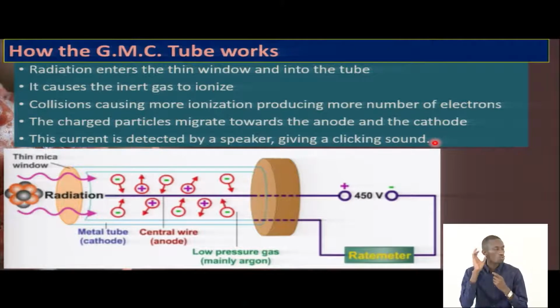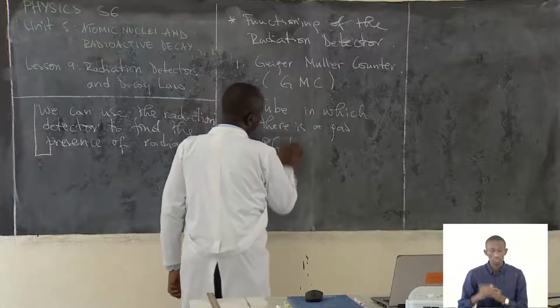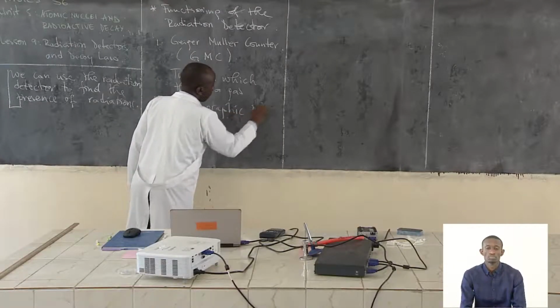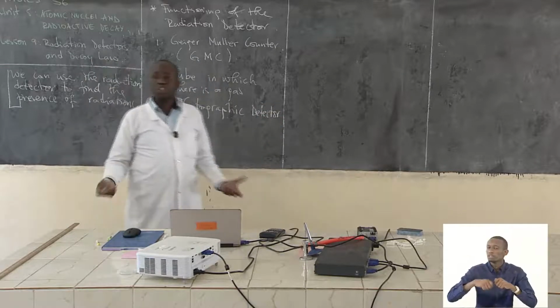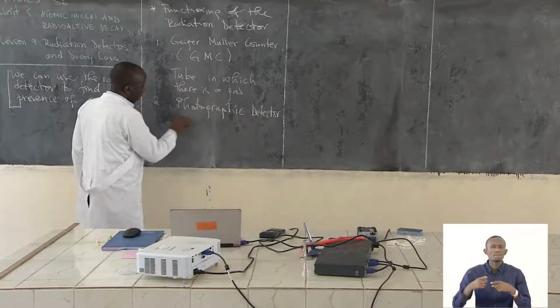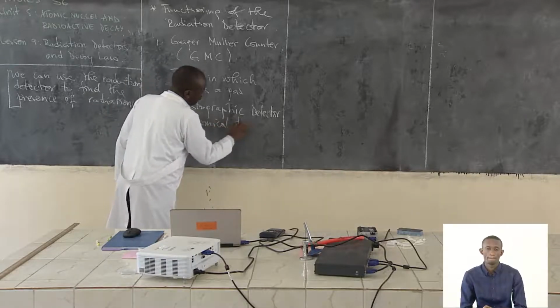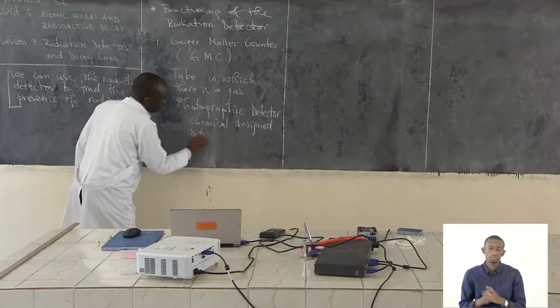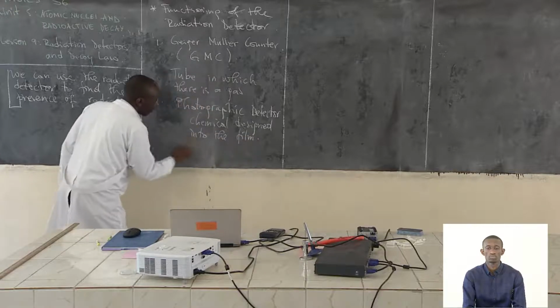Now the next one is what we call the photographic detector. This is number 2, photographic detector. This is another device, but this device has a chemical designed into the film. This is the photographic film that I'm saying.